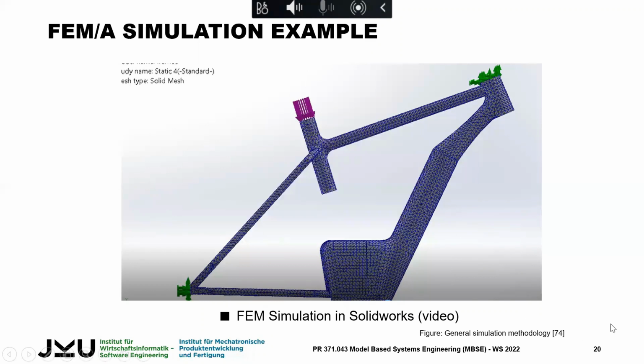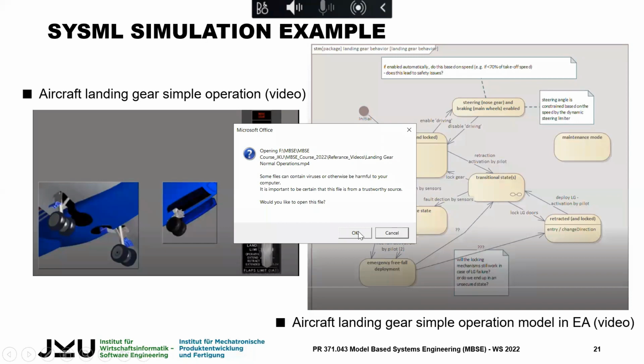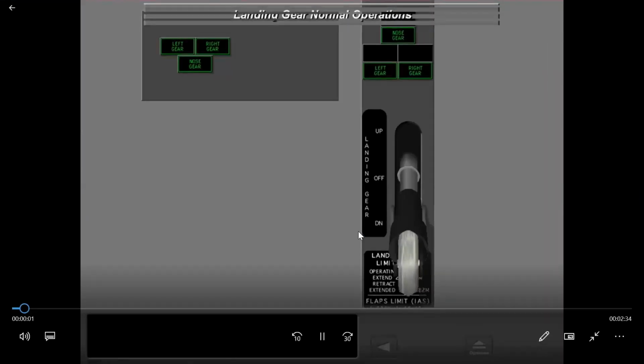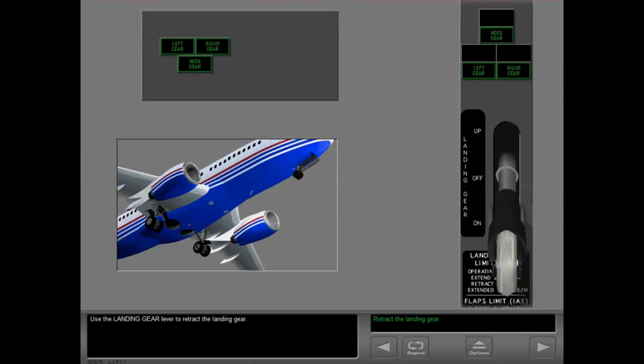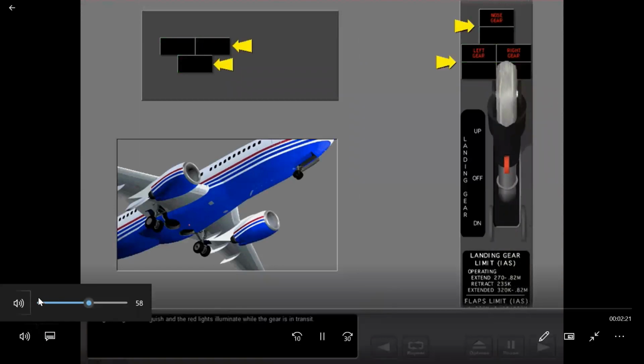Okay, sorry, I have to go to another one. So here is another simulation. Actually this one is not a simulation. This one is a kind of presentation or animation of how the reactor planet works.